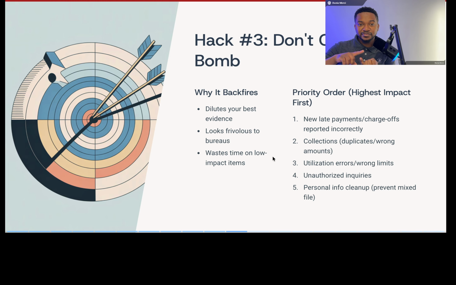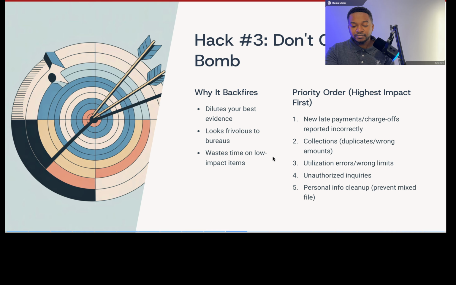You can have a letter disputing all 3 collections, then 1 letter disputing all late payments. Just separate them based on the items. Don't dispute this is a collection, charge off, this and this, where you have 10 things that you are disputing on 1 letter. In fact, for the most effective way, I'll say don't have more than 4 accounts that you are disputing on the same letter.